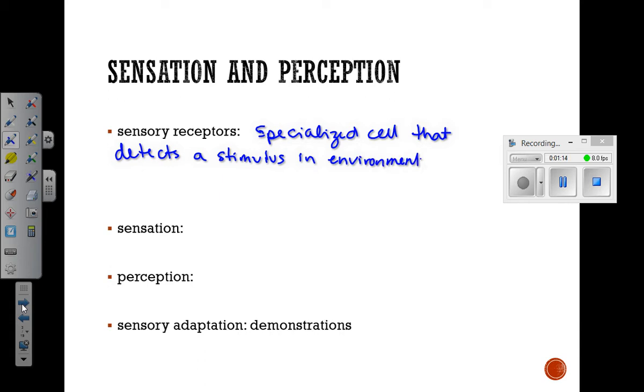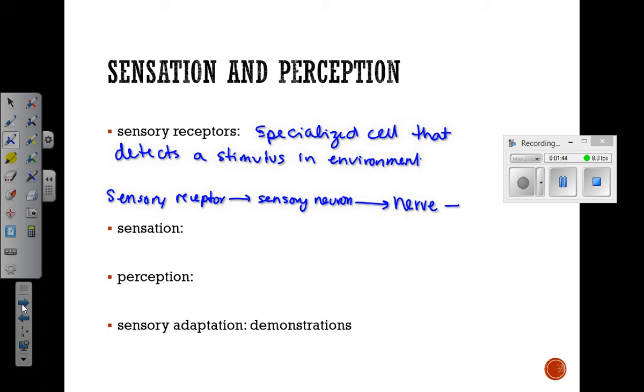And like we already saw in our last set of lessons, the sensory receptor would be attached to a sensory neuron. Your sensory neuron usually is not all by itself. So we know from our lessons on organization of your nervous system that a whole bunch of neurons are probably going to go together to make a nerve.